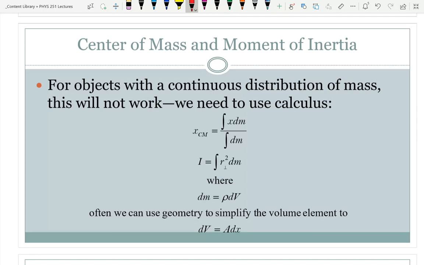So dV means some very small piece of volume. With Cartesian coordinates, we make a cube for dV. I said a cube, but it's not necessarily equal lengths on all sides. It's going to have dx on one side, dy on another, and dz on the third.